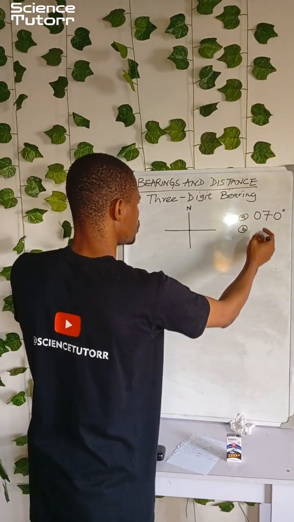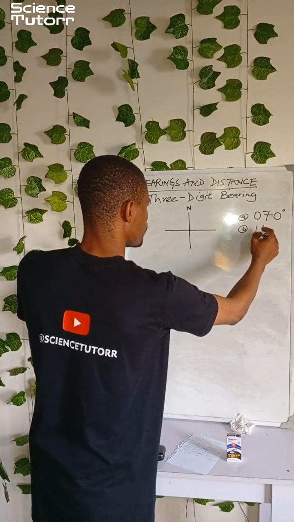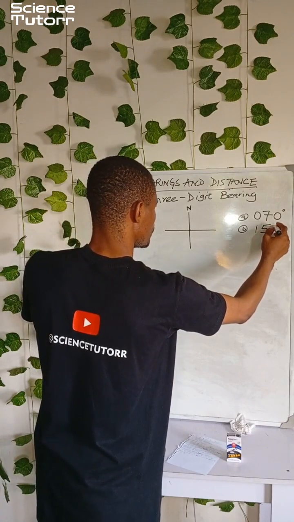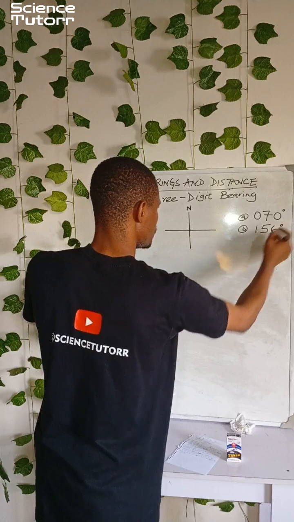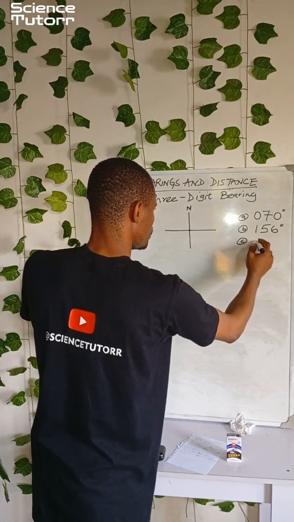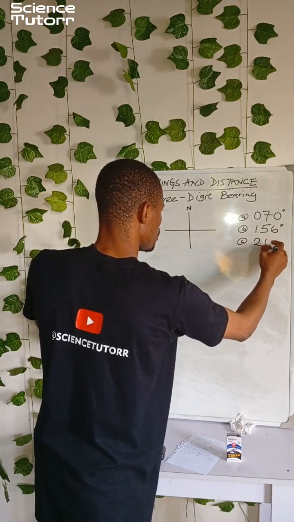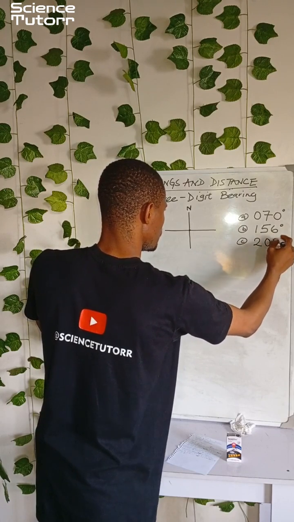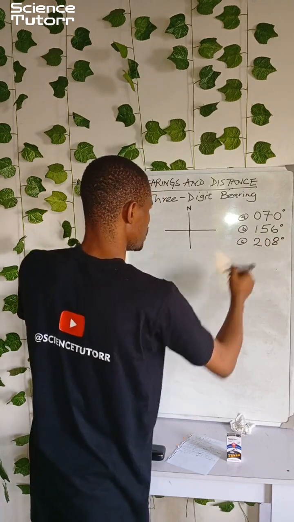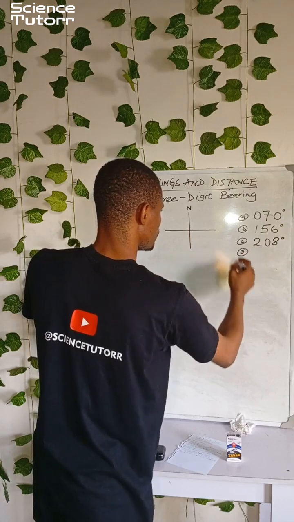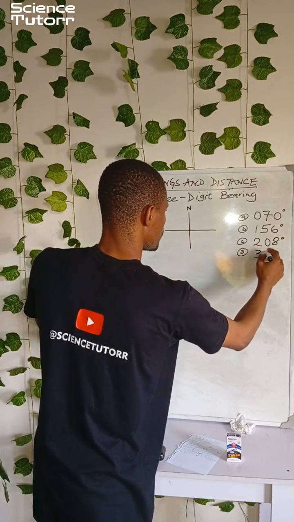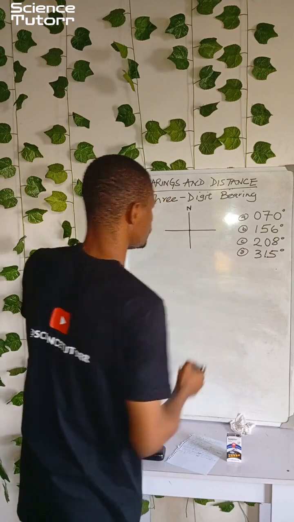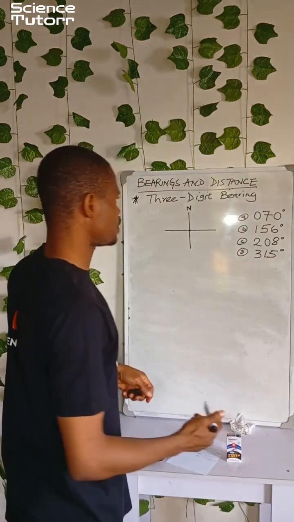For B, we are going to sketch 156 degrees. We are going to sketch 208 degrees. We are also going to sketch 315 degrees. All these are 3-digit bearings.